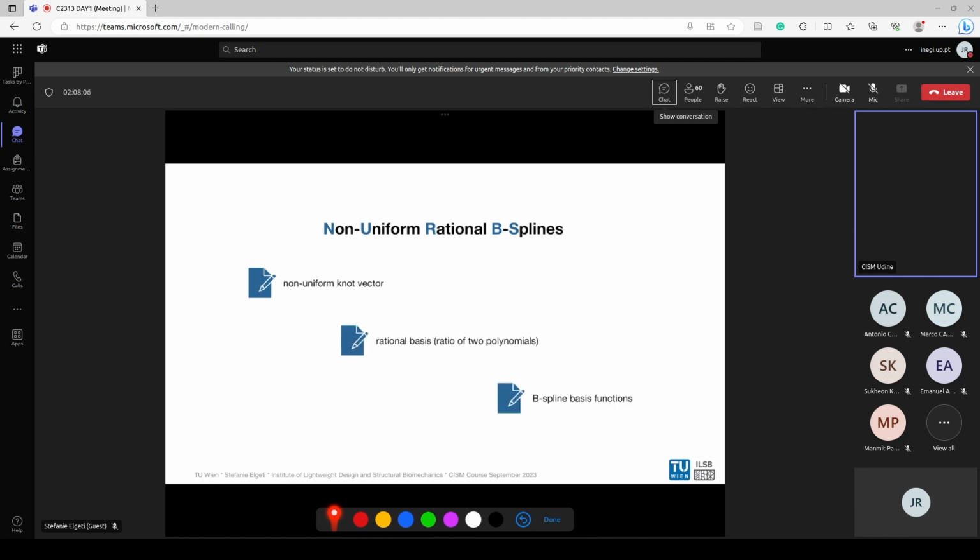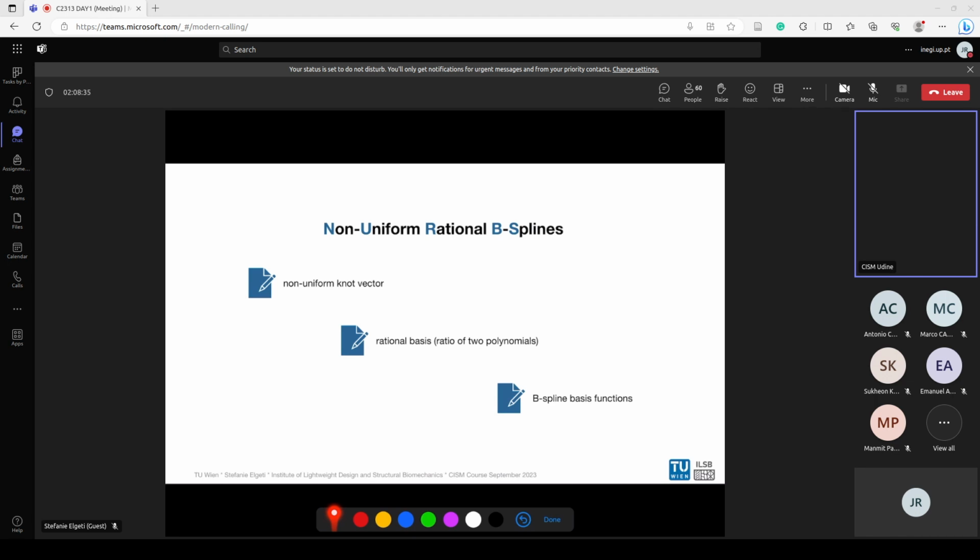So what are NURBS? NURBS is an acronym for non-uniform rational B-splines. So we already see it's somehow connected to B-splines. We reuse the B-spline basis functions in some way. Rational because we have a rational basis, so a ratio of two polynomials. And non-uniform because we have a non-uniform knot vector.